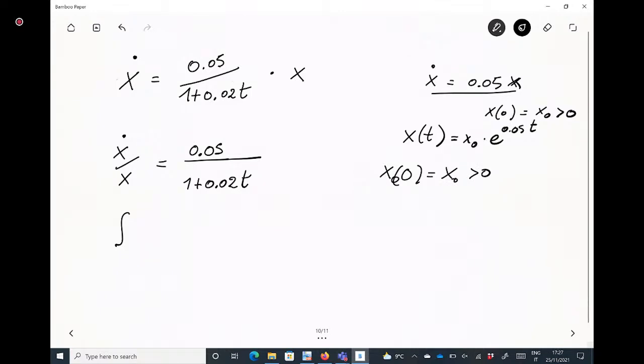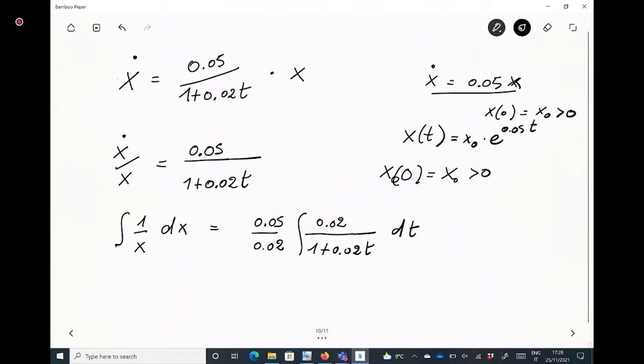The integral of 1 over x dx is equal to the integral of 0.05 divided by 0.02, which can be moved outside the integral, of course, and then, adjusting the constants, 0.02 divided by 1 plus 0.02t dt. So 0.05 divided by 0.02 is 5 over 2.